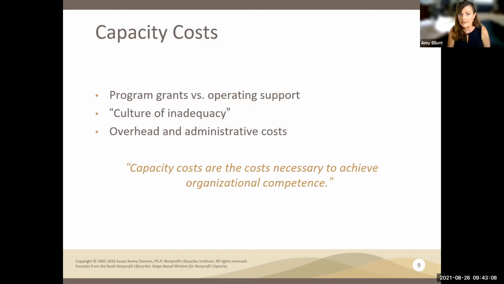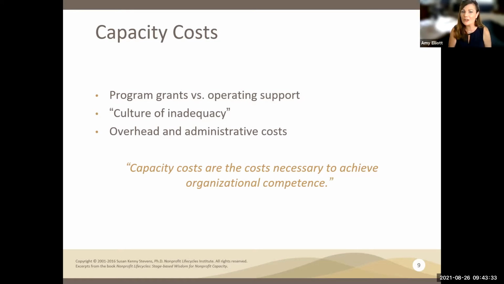And these are things that you need to run your organization more than likely. And so being able to not feel guilty about that, not call it overhead, but to understand that it's an administrative cost and that you need it to support your programs to then carry out your mission. Back to the table metaphor.